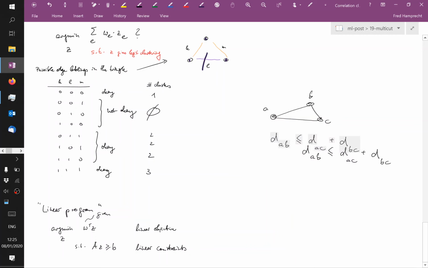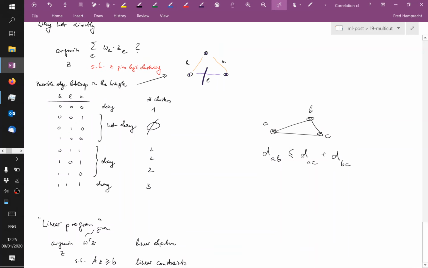Does that already do the trick for us? So can we think of these edge labels, the cut indicators, as distances?